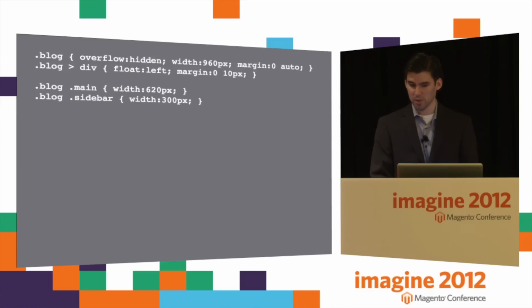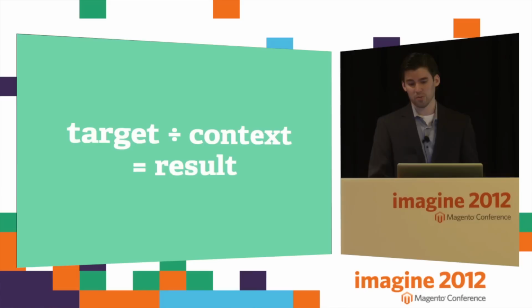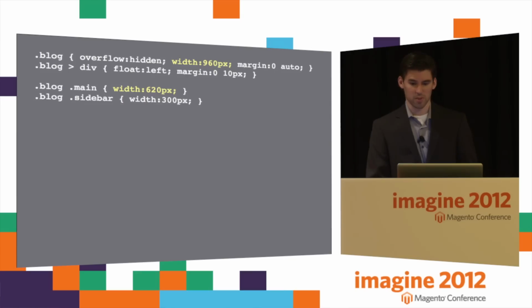We need to define our grid dimensions in relative terms to maintain the proportions of our design across differently sized browsers. Marcotte provides the formula, which is target divided by context equals result. Starting with the main class, the target width is 620 pixels. The context width is the parent container, which is 960 pixels.